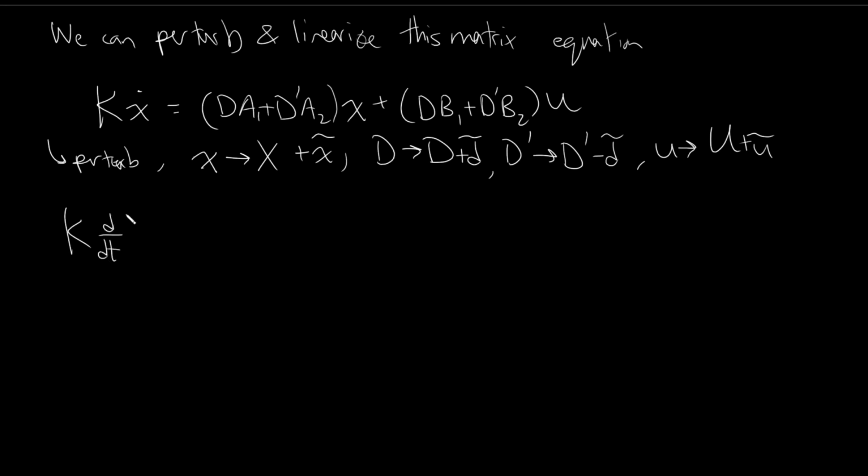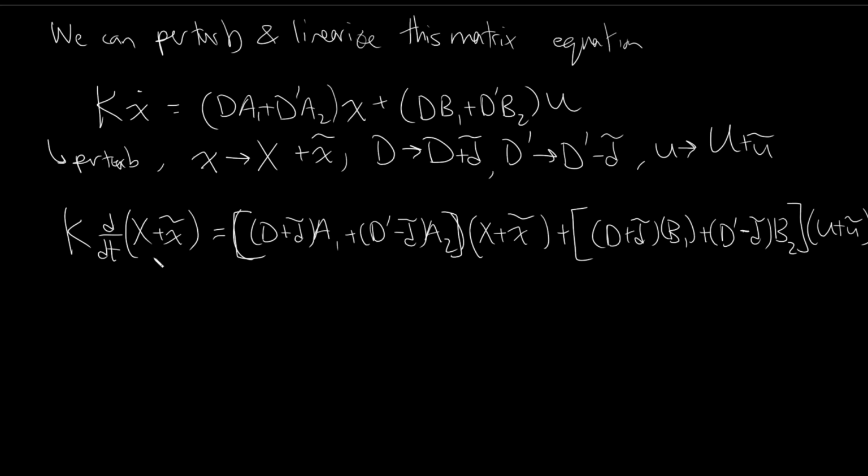All right, so if we apply this, and we turn our dot notation back into d by dt just for convenience, we're going to get d by dt x plus little x is going to be equal to, cool, so if we expand this out and note that the derivative of a constant should be 0, then we can see the following.